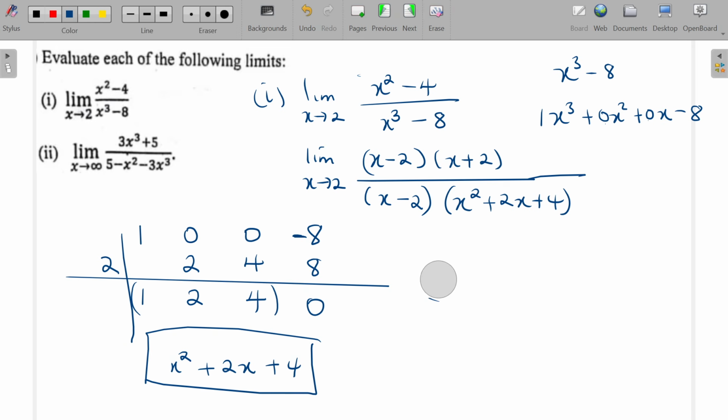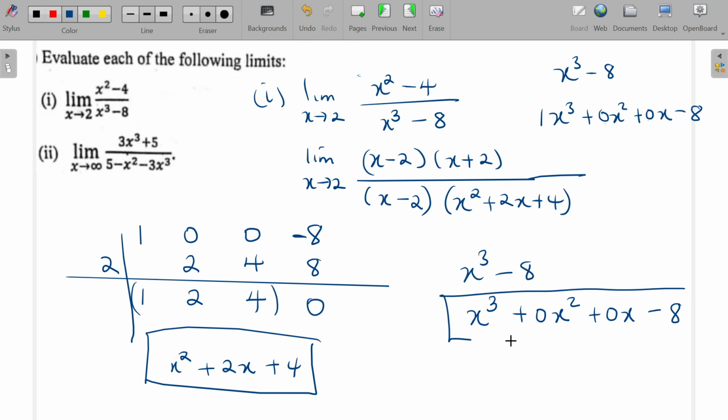Because this is a polynomial, check the degree. It is power 3. So in other ways, this one can be written as x to the power 3 plus 0x to the power 2 plus 0x, then minus 8. So this is the complete polynomial.